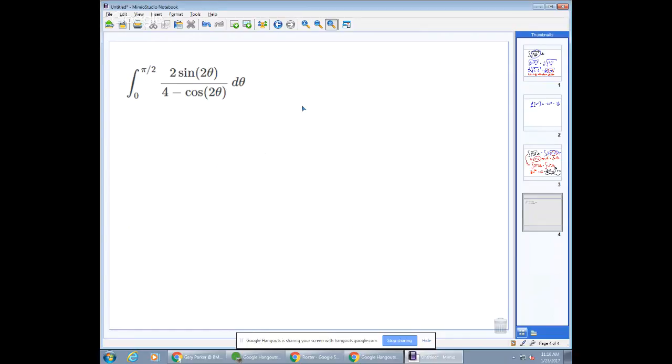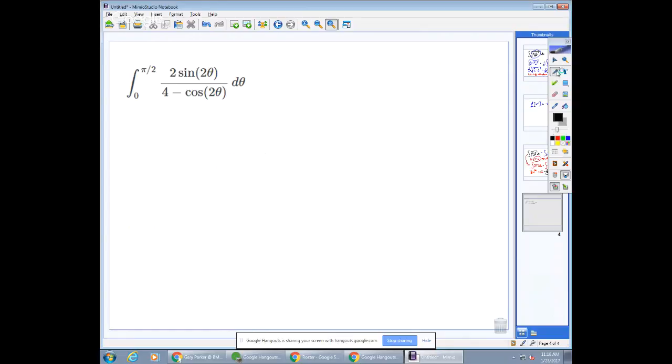The other thing I notice here is the derivative of the sine is the cosine, and the derivative of the cosine is the sine. That's nice. My problem here is that I have a denominator, and often a substitution happens related to the denominator. So after I tried several identities, I said, well, let's just try letting the denominator be u and see what happens.